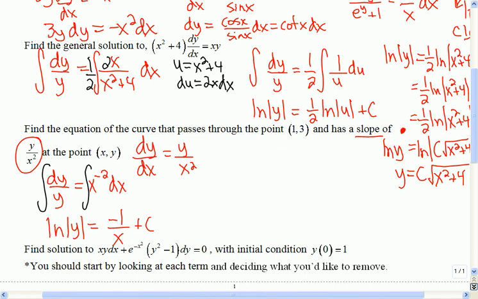And again, we're going to rewrite this in exponential form so we can get y all by itself. I would end up with y equals e to the negative 1 over x plus a constant, which is going to be rewritten that way with the constant in the front.